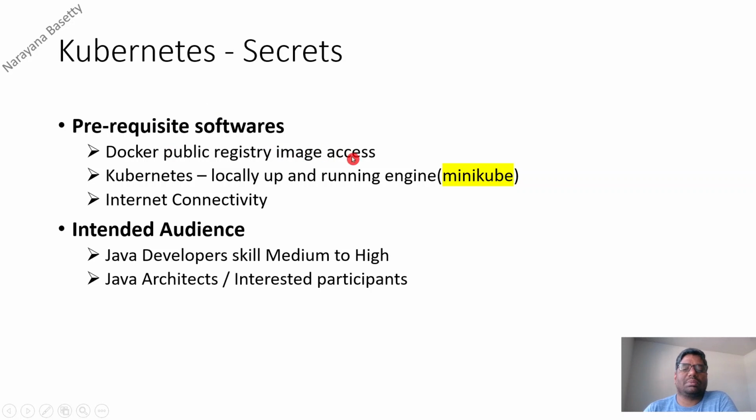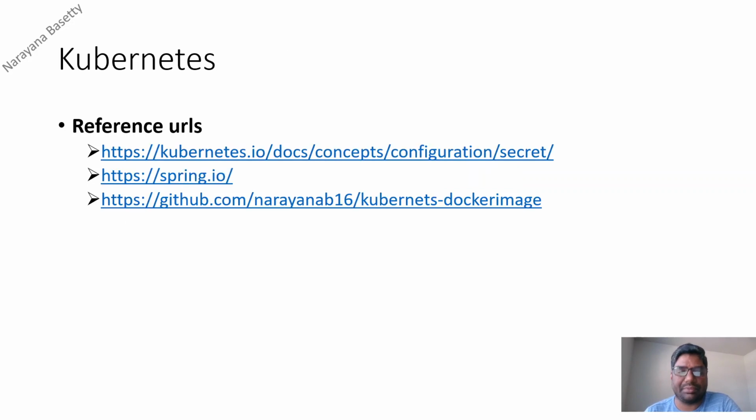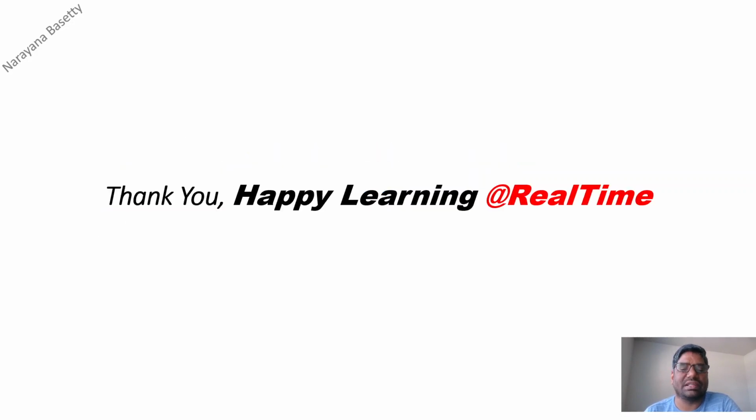The prerequisites are Docker public registry image access, because the Spring Boot library which I'm referring to is from the Docker registry, an up and running Kubernetes engine, and internet connectivity. The intended audience is developers of any type, not specific to Java. These are the reference links.